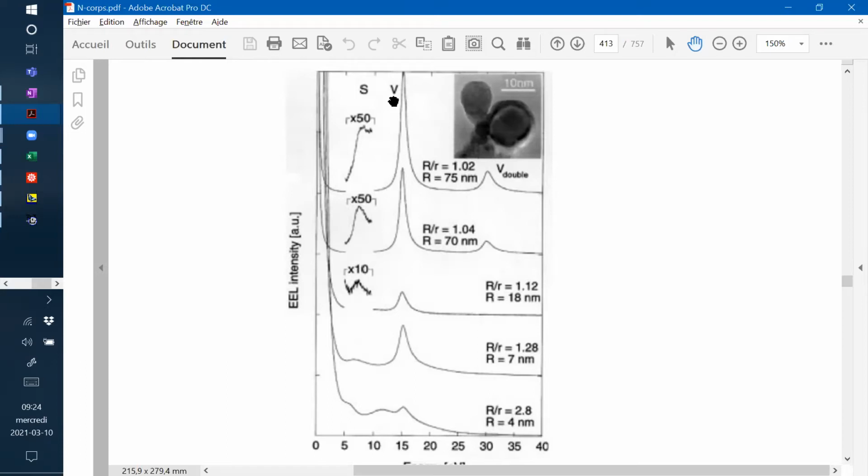But here the particles are big enough that there's a bulk plasmon here at 15 electron volts roughly for aluminum. And you can see the 2 plasmon peak here at 30 electron volt. So you see the scales are really big here for the plasma oscillation. And clearly, as the particles get smaller and smaller, that's their radius here, then you basically lose the plasmon peak. It becomes something that's related to small systems.